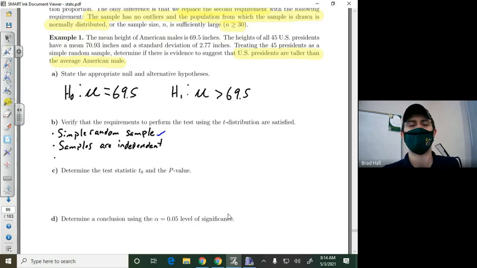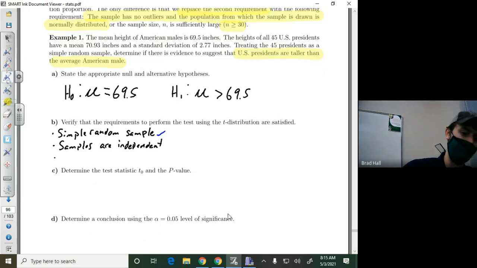Which I might argue, in the most nitpicky of situations, the samples may not be independent. I don't know. There's something, George H.W. Bush and George W. Bush, since they're related, perhaps there is some influence. Perhaps it's completely minute. That's just a thought that popped in my head.